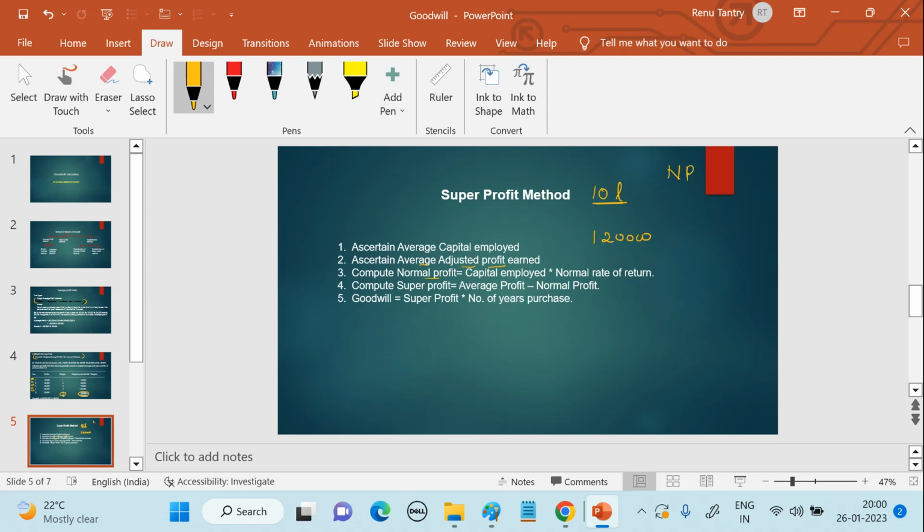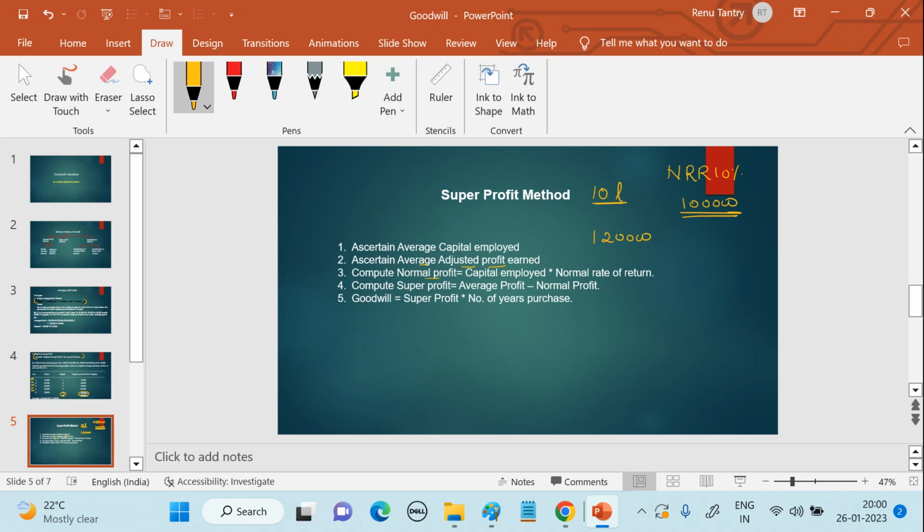If they say the normal rate of return is 10%, it means that any other firm in the same line of business, if they're using 10 lakhs, then at the rate of 10%, they should be able to earn 1 lakh at least. How? 10% of 10 lakh, 1 lakh.